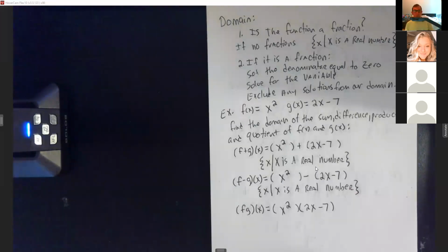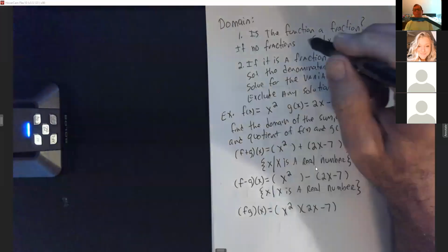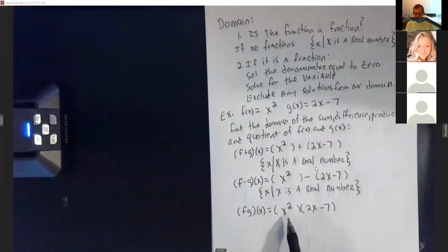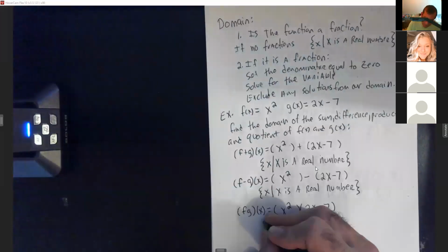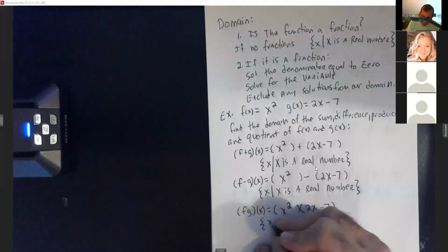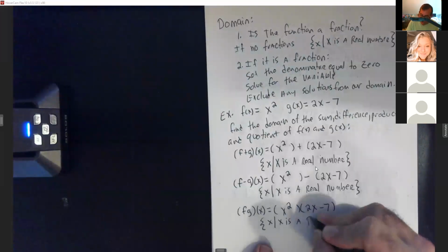So although I'm multiplying this, the main thing I'm looking for is the function a fraction. And y'all, there is no way there's any fractions on this. So once again, since I have no fractions, the domain is x such that x is a real number.